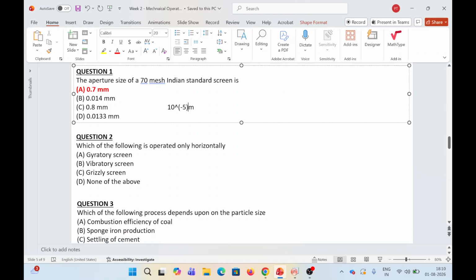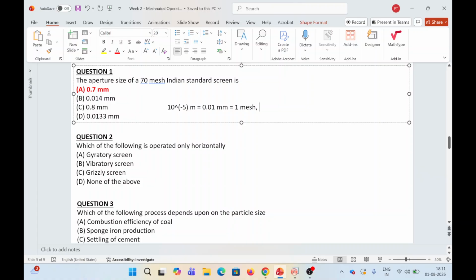Correct, because micron is 10 power minus 6 meters and a deca micron is 10 into 10 power minus 6, that is 10 power minus 5 meters. So if you convert this into mm, it is going to be 0.01 mm, and this is equal to one mesh.